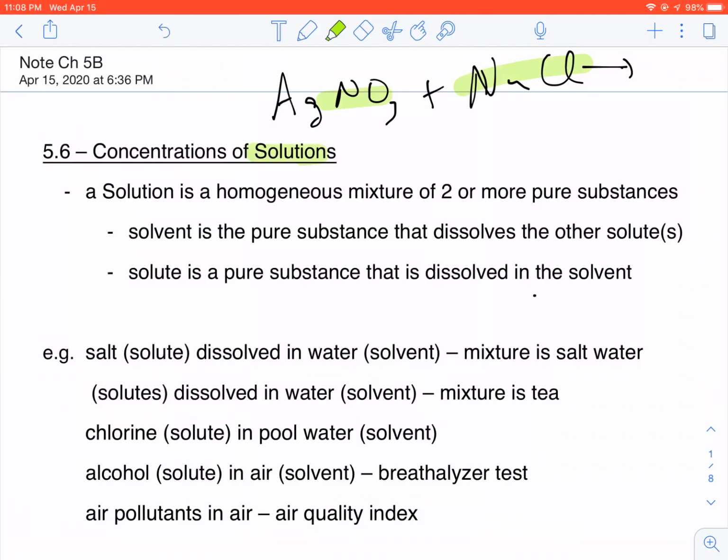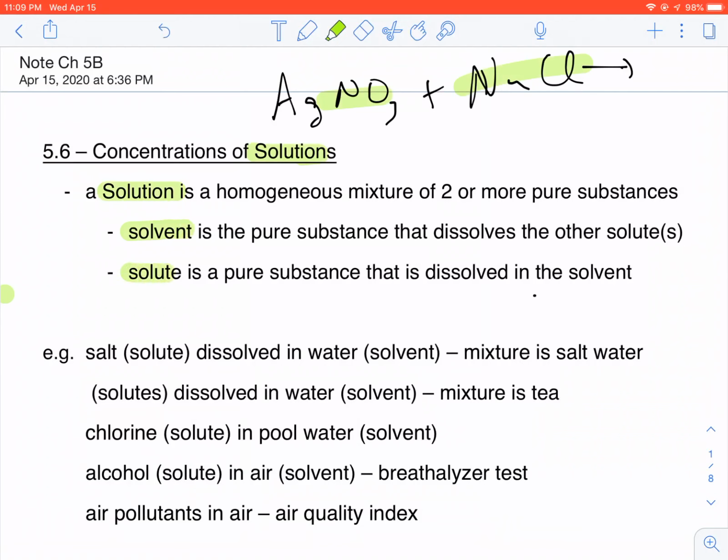So we're going to talk about this word solution, and a solution is a mixture of two or more pure substances. If I put salt in water, the water becomes the solvent. It's the thing that's going to be doing the dissolving, and the salt would be the solute. It's the thing that's going to dissolve. So I've got the solvent and the solute.